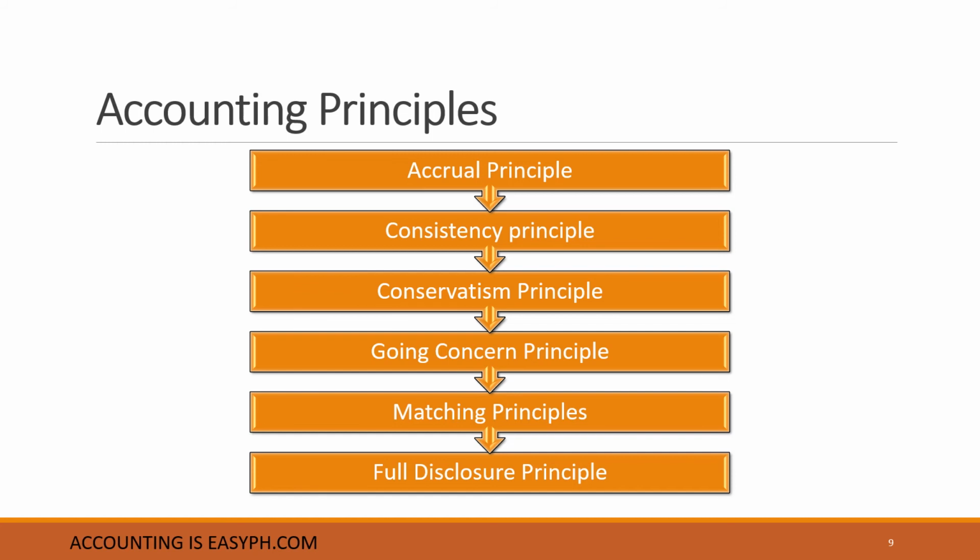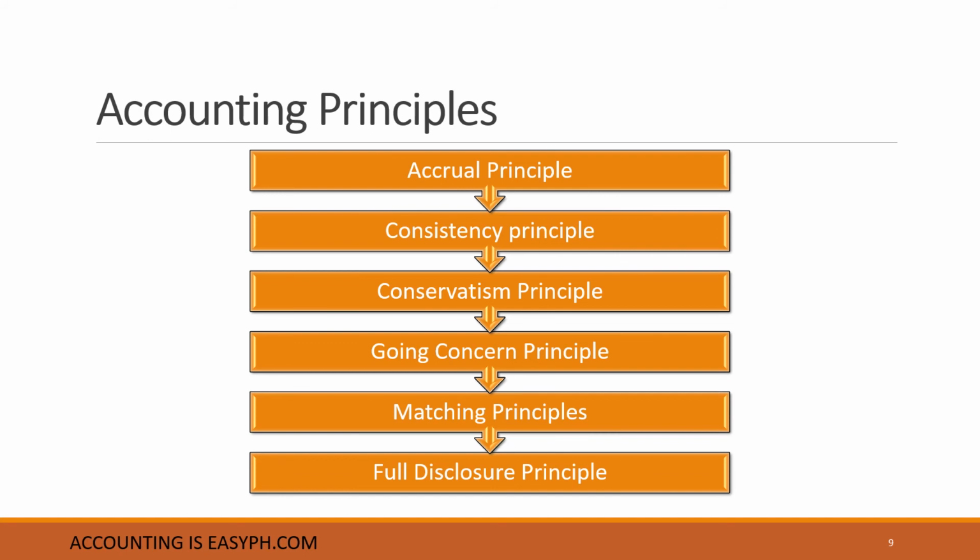First one is the accrual principle. Here, we only record income when it is earned, and we also record expenses when they are incurred, regardless of cash flows. The second principle is the consistency principle.